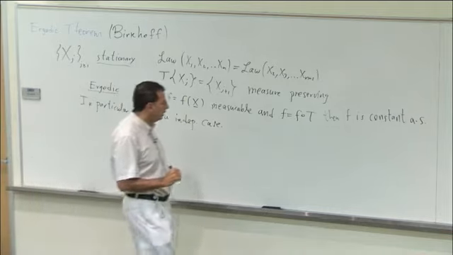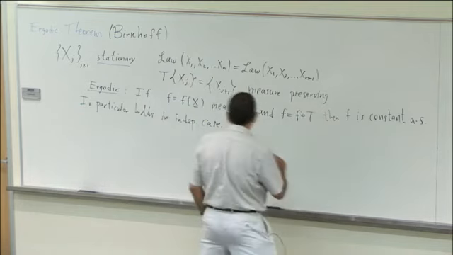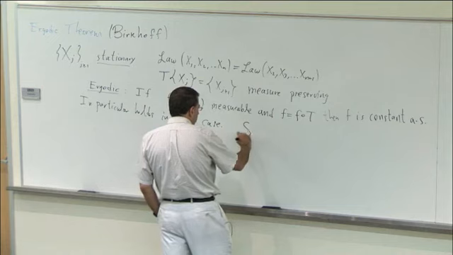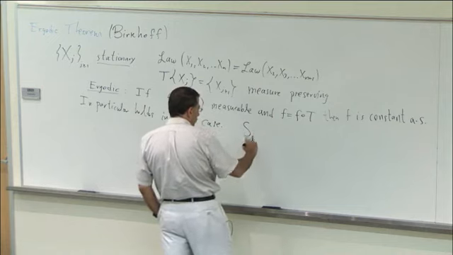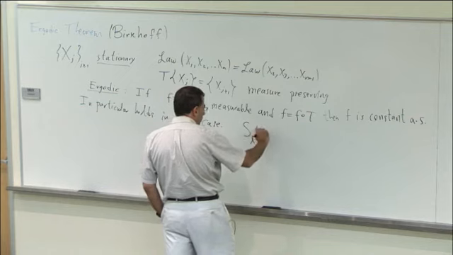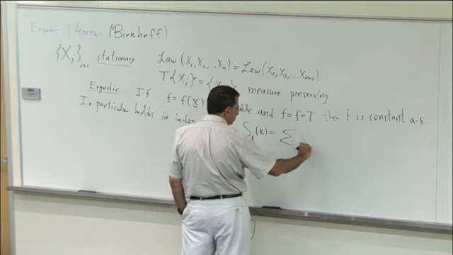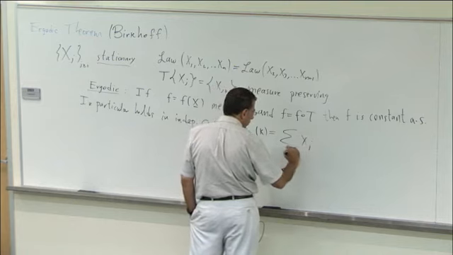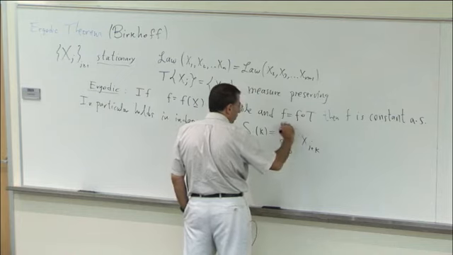In that setting, the ergodic theorem would just say that if we look at the partial sum, let me write more generally, the partial sum of size L starting at k will be S_L(k), the sum of X_{j+k} when j ranges from 0 to L minus 1.